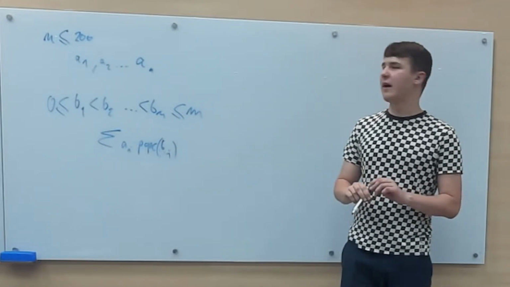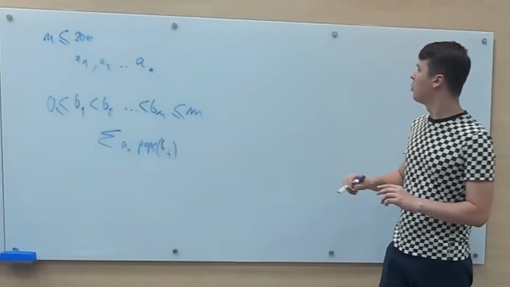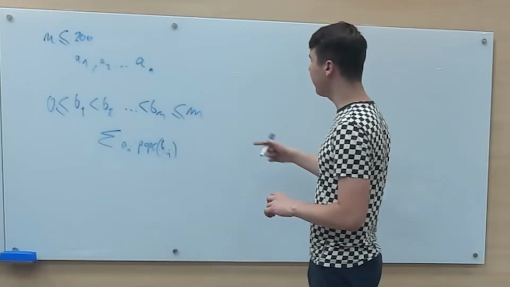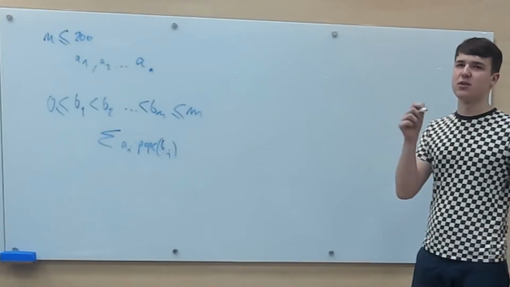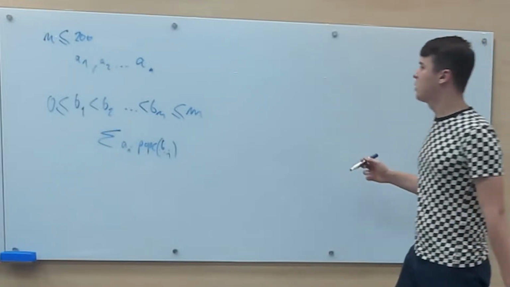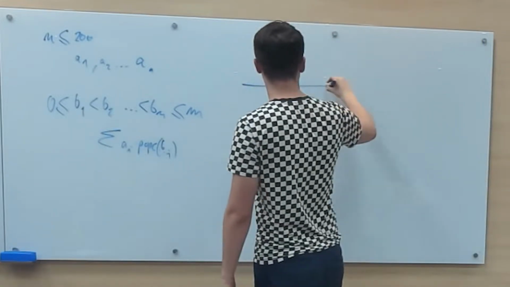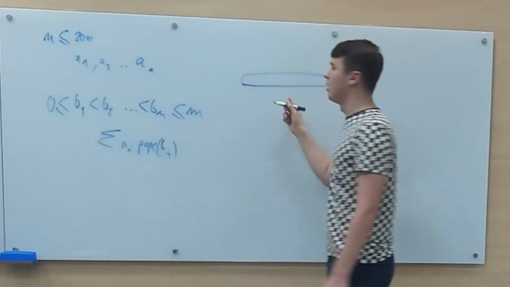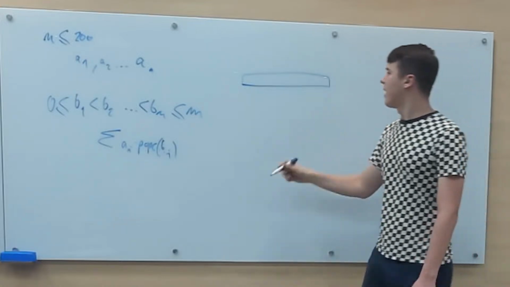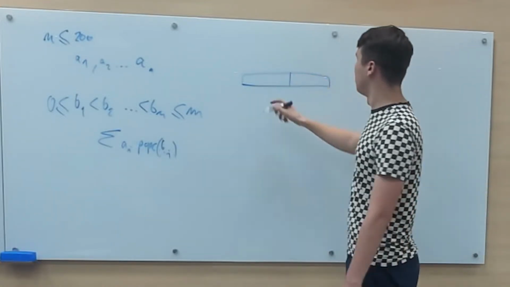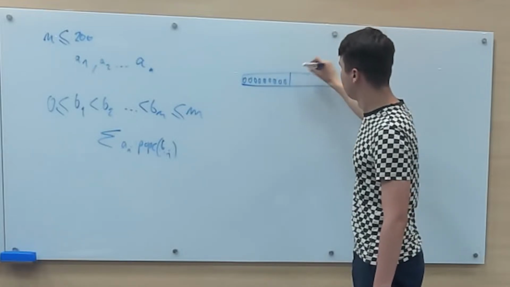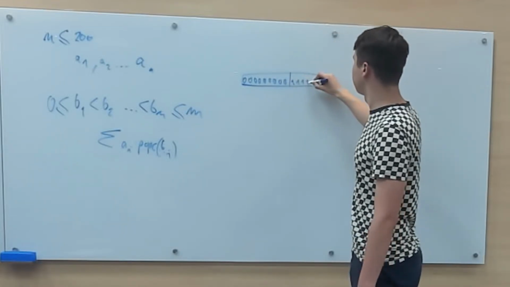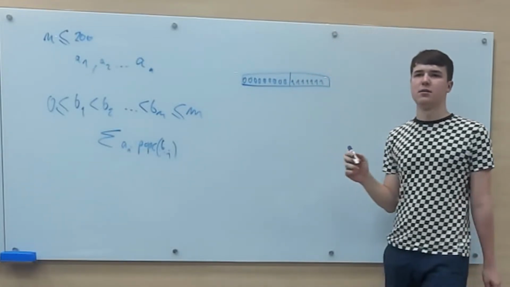So we might think about how those bi look when we write their binary representations next to each other. The thing is that if we consider the topmost bit, then some prefix will be zeros and some suffix will be ones.